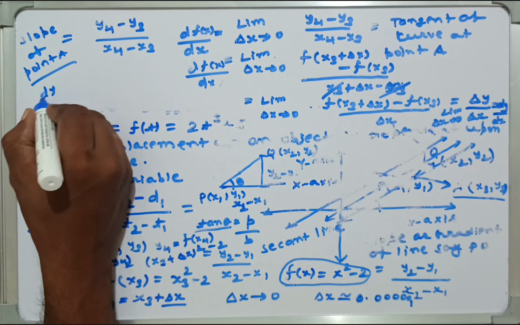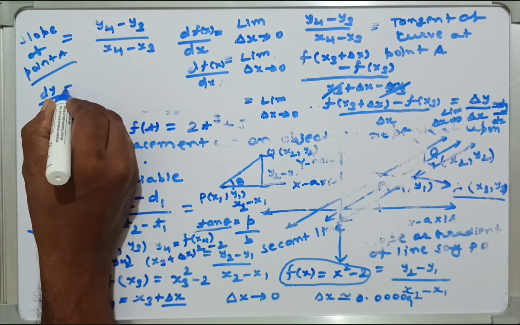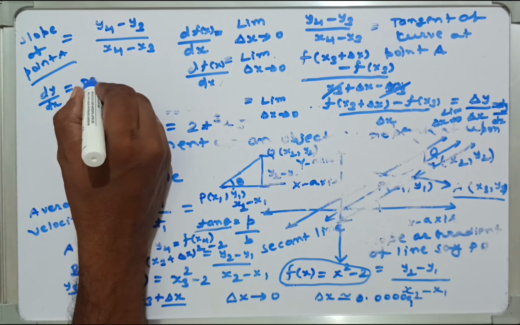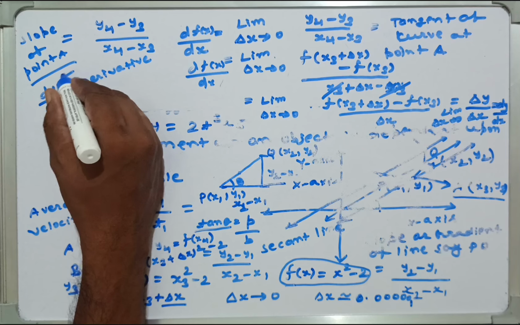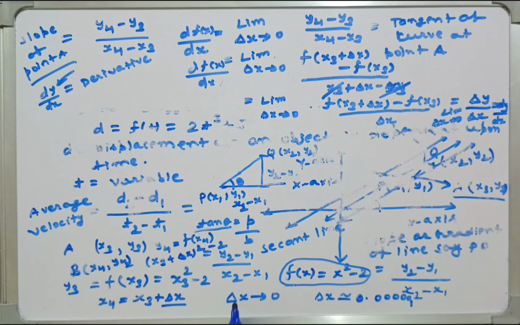So dy by dx is known as the derivative, where y here is a function of x square minus 2.